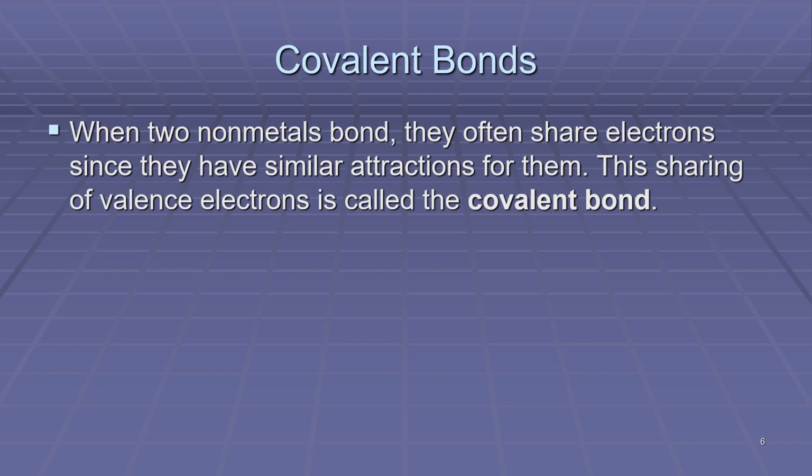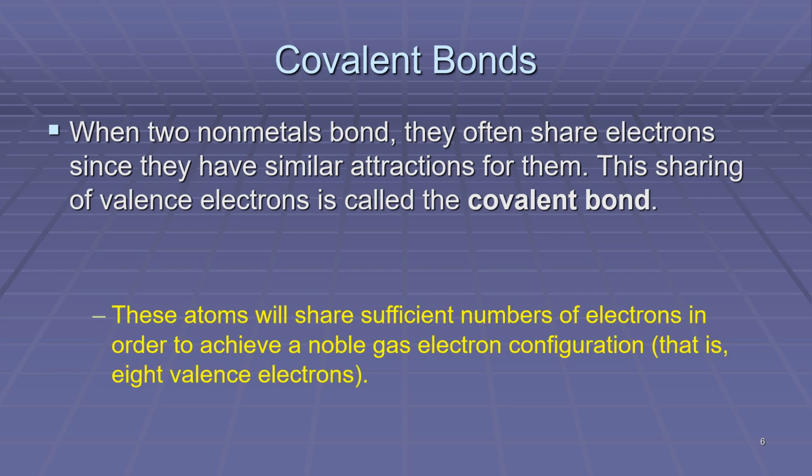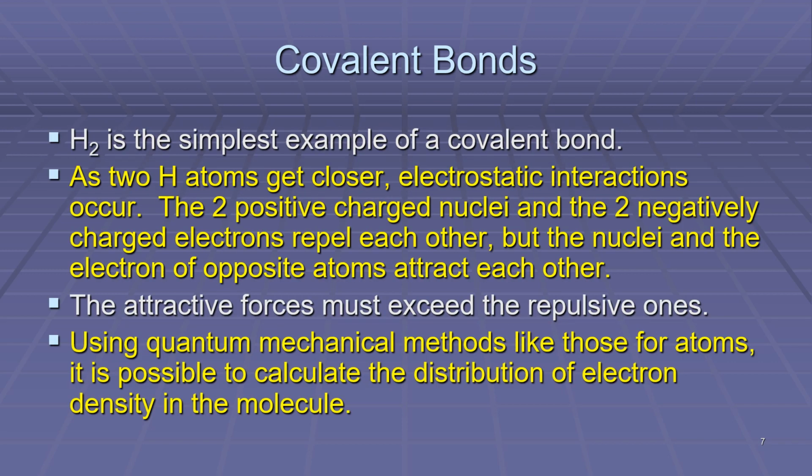It's because they have similar attractions for electrons. So there's not one that's more willing to give up electrons, and so the only thing they can do is share them. And so, as we just said, that's called a covalent bond. So atoms will share just enough electrons so that they have their noble gas configuration, in other words, so that they can have those 8 valence electrons, the octet rule.